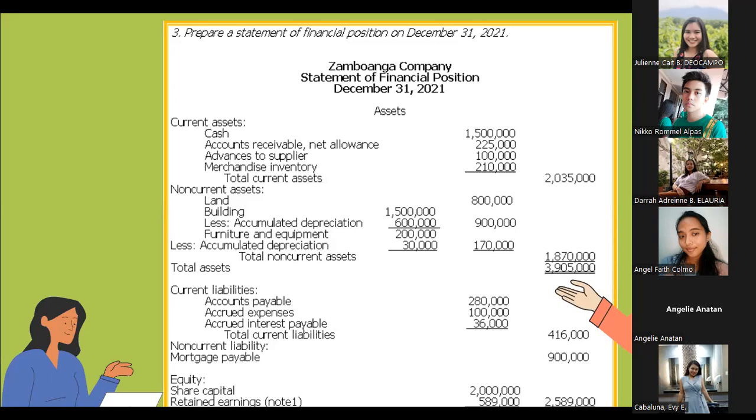For the non-current asset, land, which is given, 800,000, building 1,500,000, less accumulated depreciation of 600,000, equals 900,000. And for the furniture and equipment, 200,000, less accumulated depreciation of 30,000, equals 170,000.